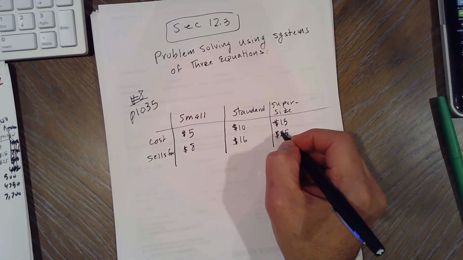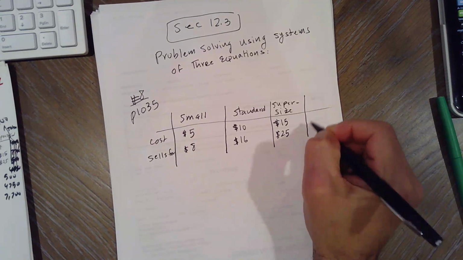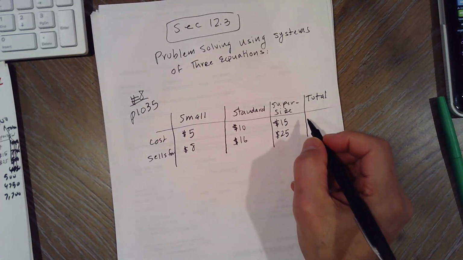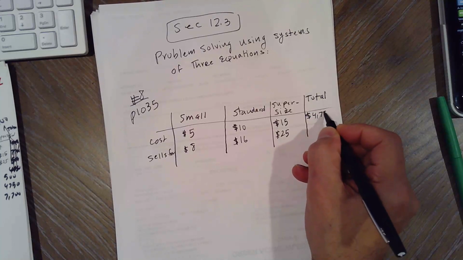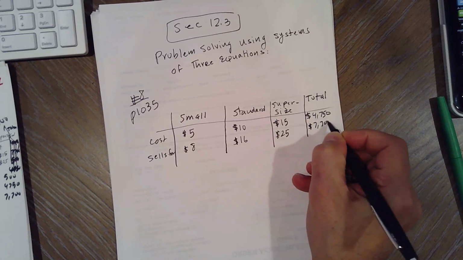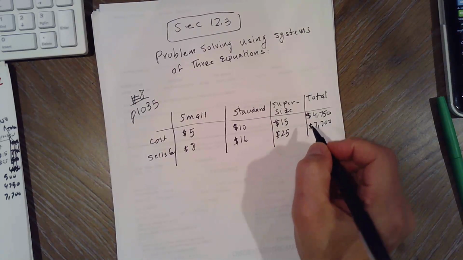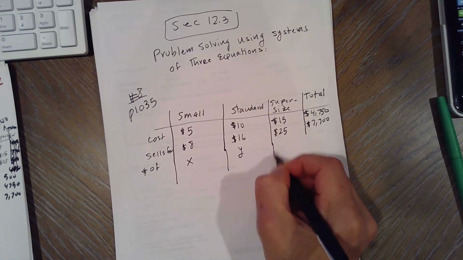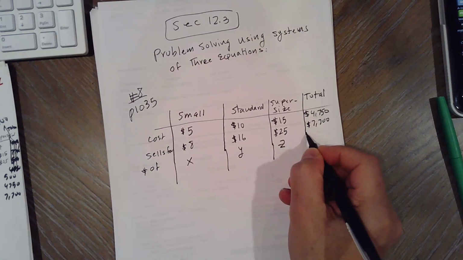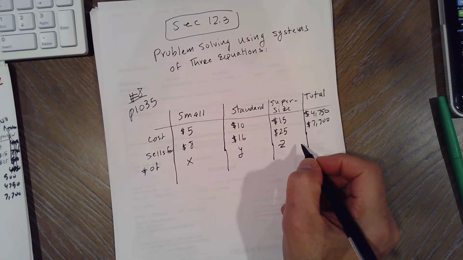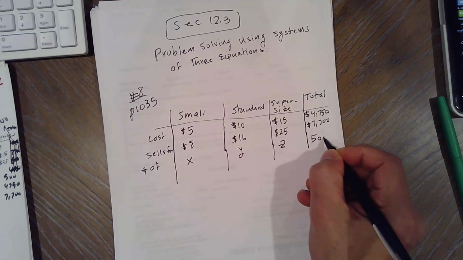The total cost to make all of the puppets is $4,750, and revenue from their sale is $7,700. How many small, standard, and supersized puppets are made during a production run? Remember, they make a total of 500 puppets, so the total here is 500.